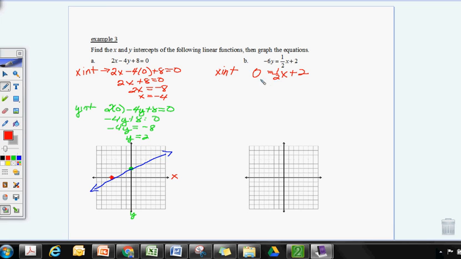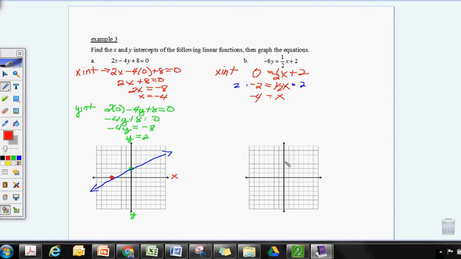Okay, you're back. So the y value is 0, plugged it in. I end up with negative 2 equals 1/2 x. X is going to equal negative 4, because please remember, we need to multiply by 2 to get rid of that fraction, and that's how I come up with that.